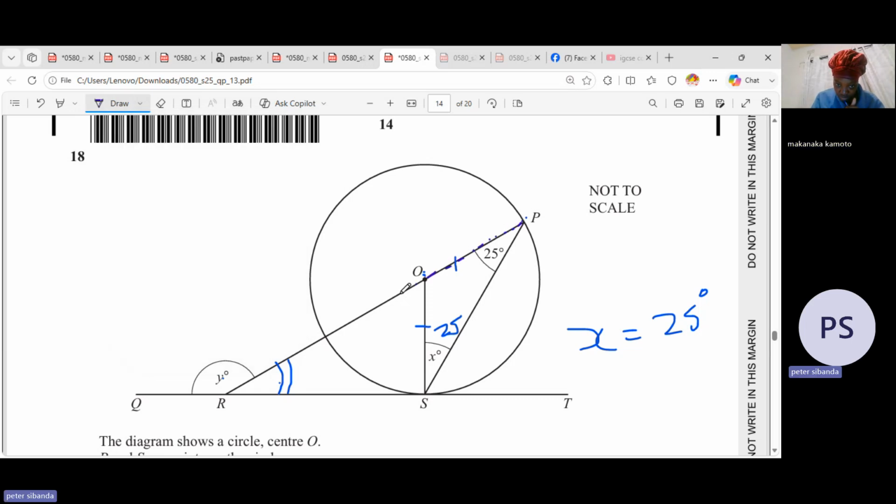You see this one, and then we go this way, and then we go this way. That will form a triangle, which can help us to find that. So what do you think we should do?